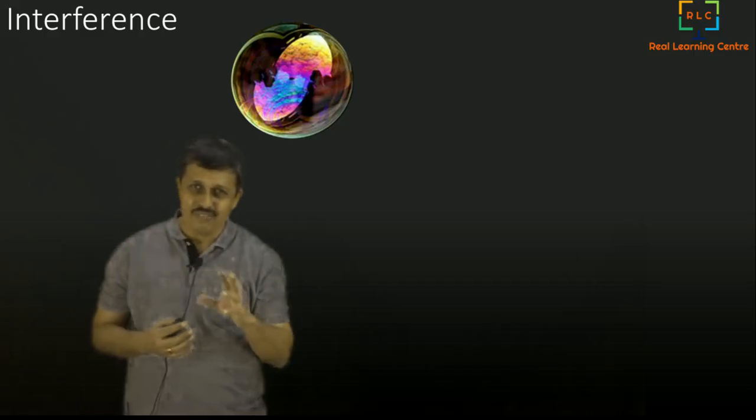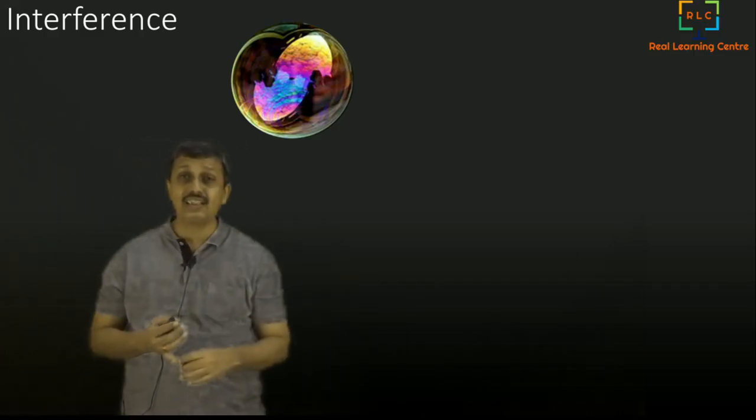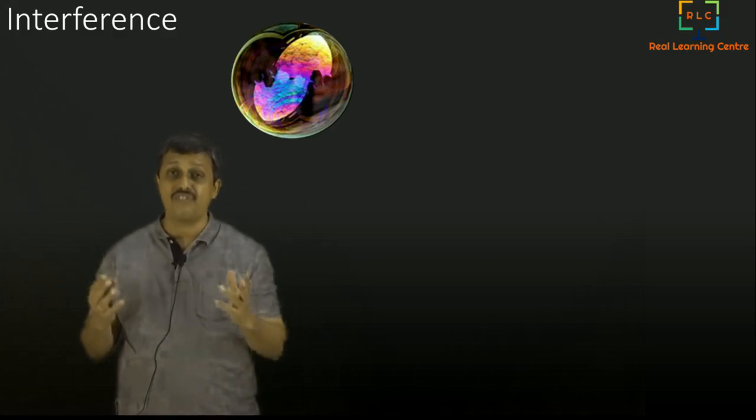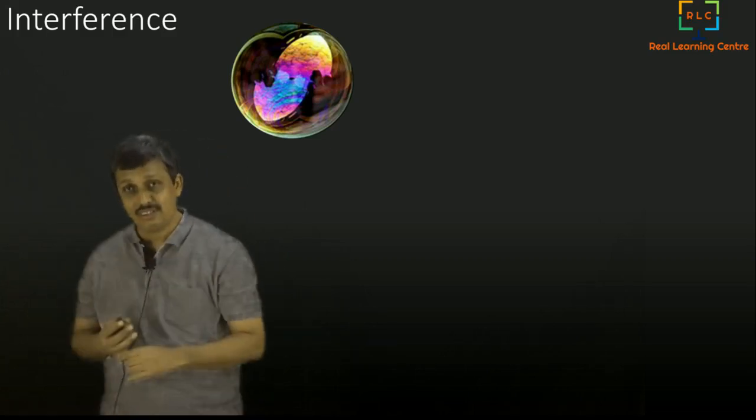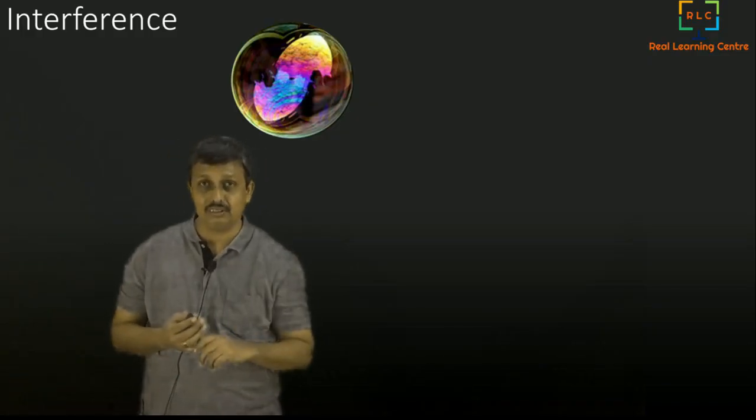Light behaves very, very peculiarly. To be able to explain this, you should consider light as waves, like water waves. Only then you can explain why this happens.